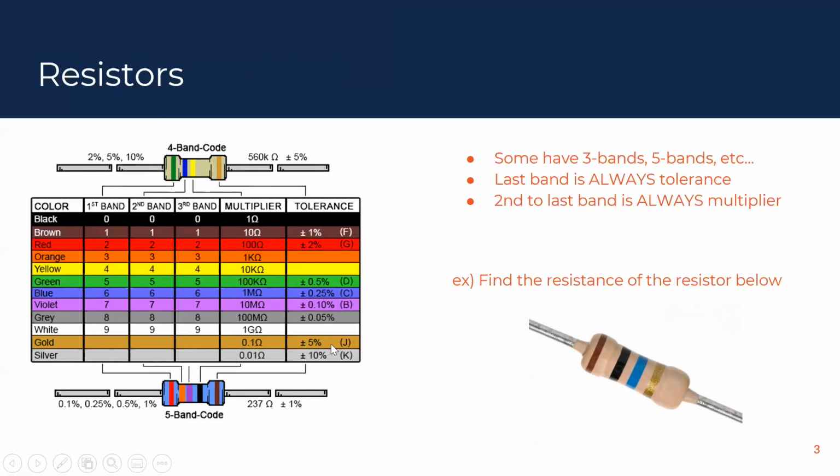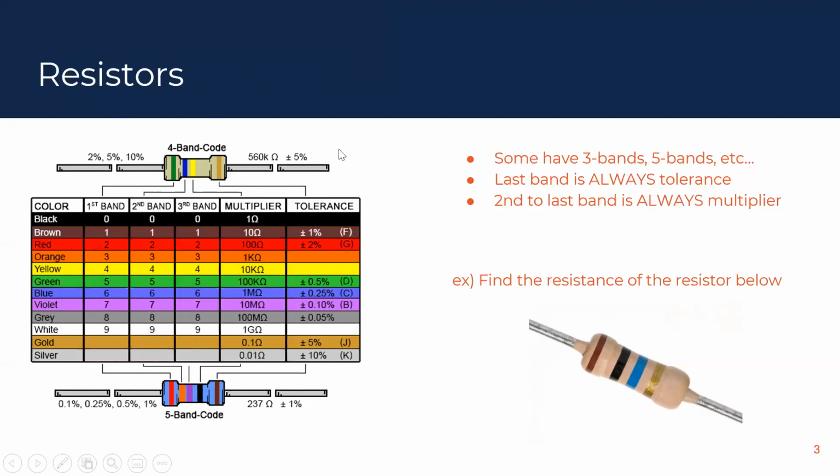And typically you'll have gold as the right-most color, which is plus or minus 5% tolerance, meaning that they can make the part and it may be the value, or it may be the value plus 5% of it, or it might be minus 5% of it. Other common colors for the tolerance band are silver for 10%, or there may be some that are brown for 1%. But the majority of ones will be gold for 5%.